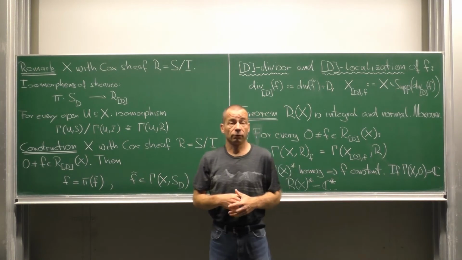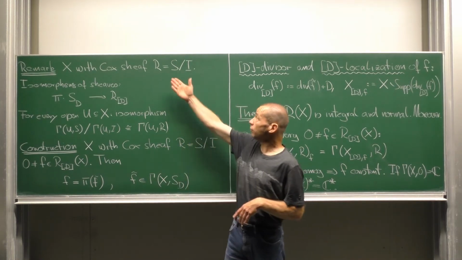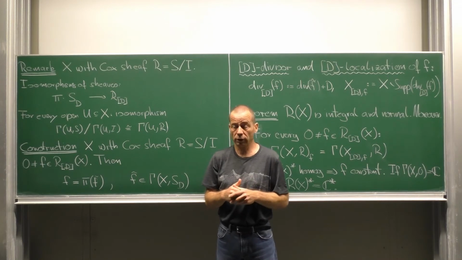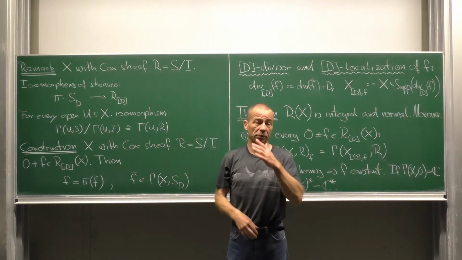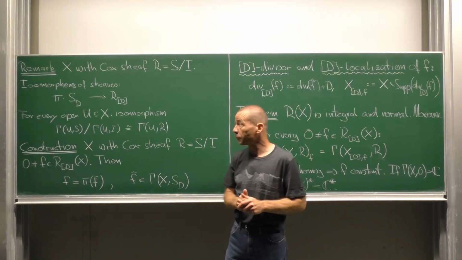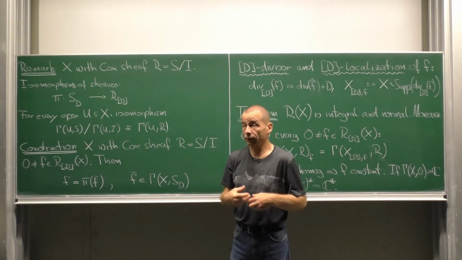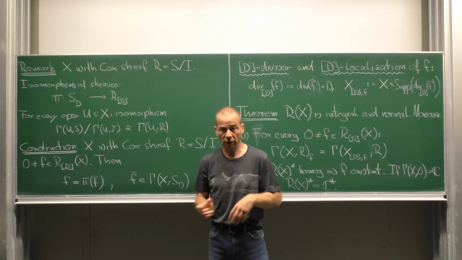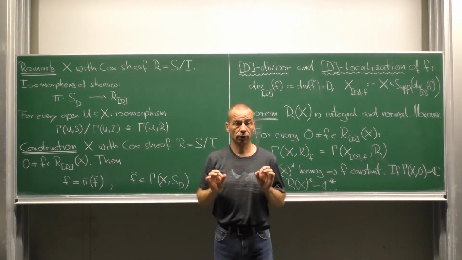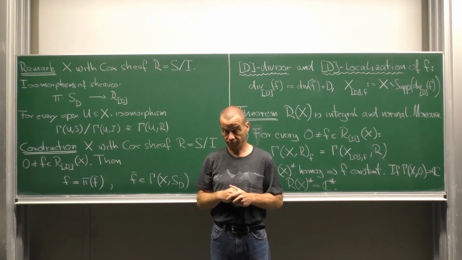So look at the right. The X with Cox sheaf are given as a quotient of a sheaf of divisorial algebras S by a sheaf of identifying ideals I. First observation is that the projection map P from S to R induces isomorphisms on the homogeneous components.